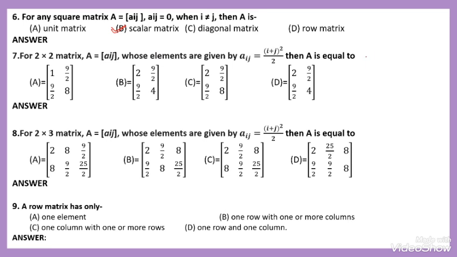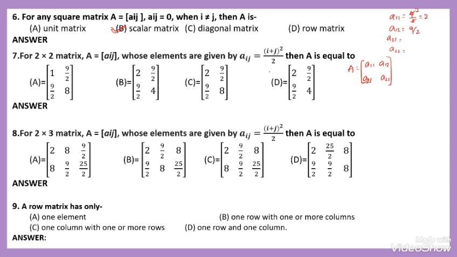I will take the matrix containing the elements A11, A12, A21, A22. I will take the values here. This is 4 by 2, 2 ones are 2, 2 twos are 4, we get 2. Again here 9 by 2.